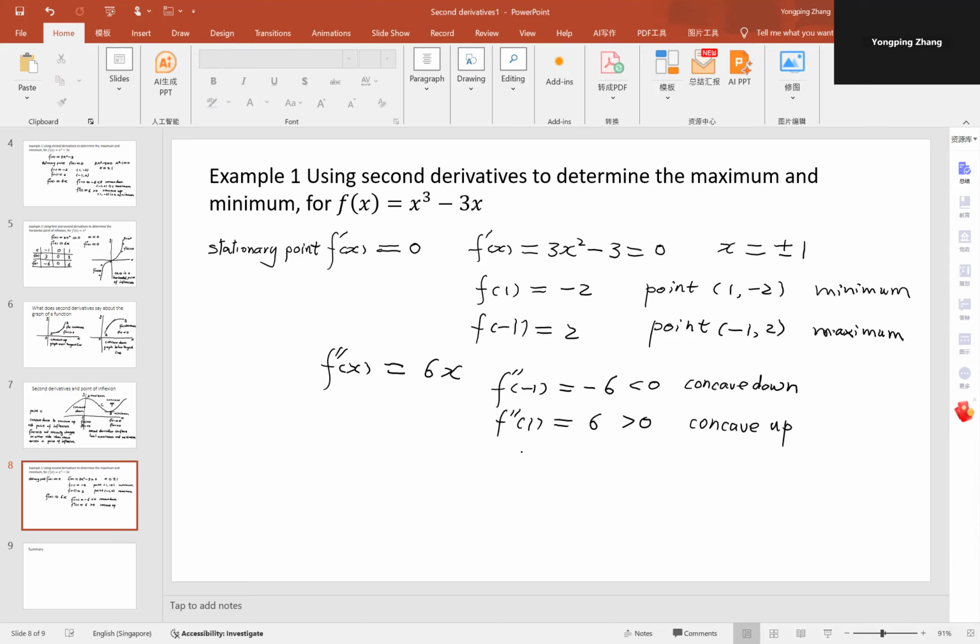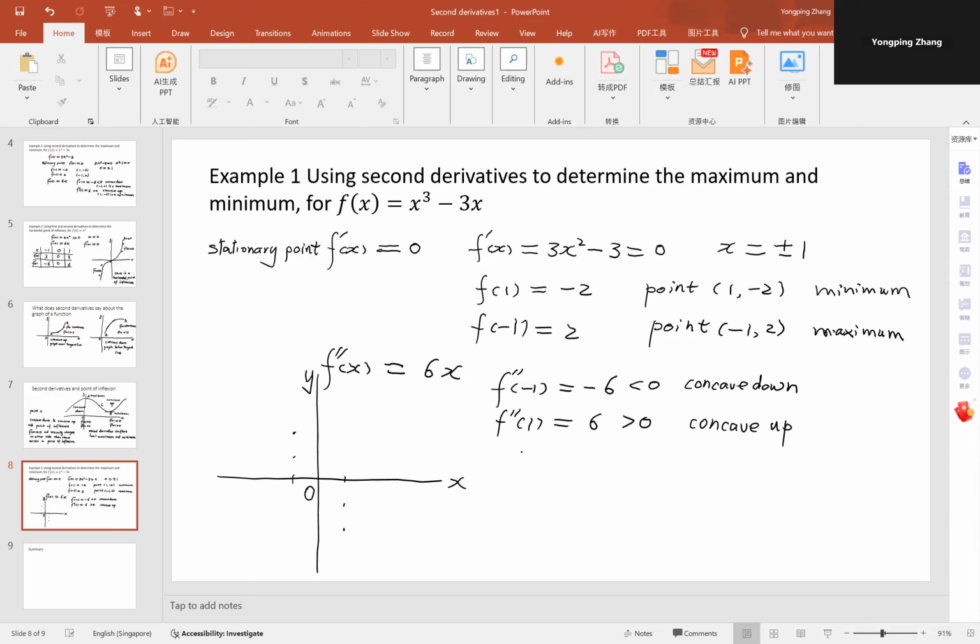From here we can get the curve. This is x, this is y, this is O, this is (1, 2), (-1, 2).